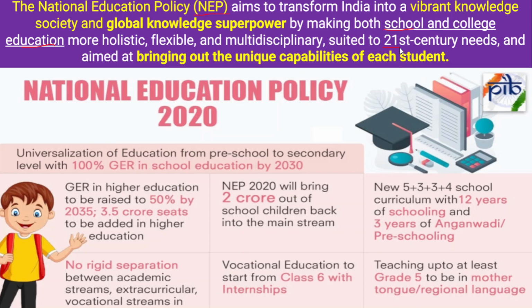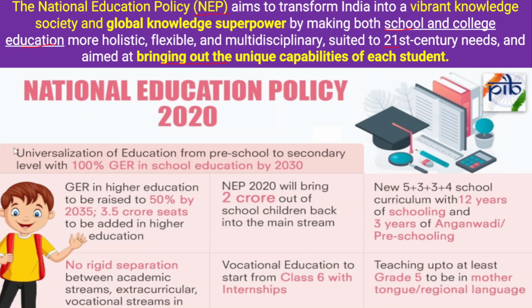Therefore, the education which suits the 21st century needs is aimed at bringing out the unique capabilities of each student. National Education Policy 2020 has a set of important provisions.